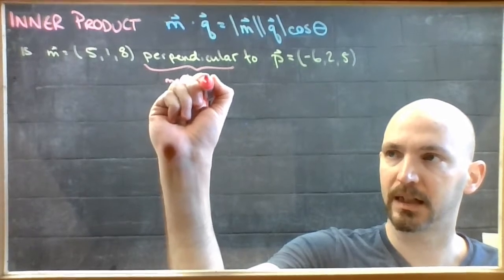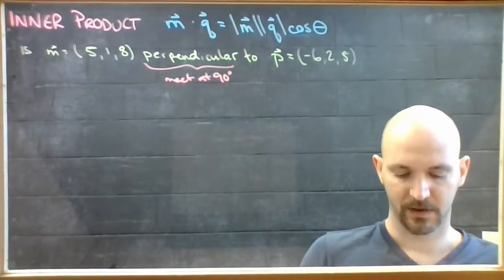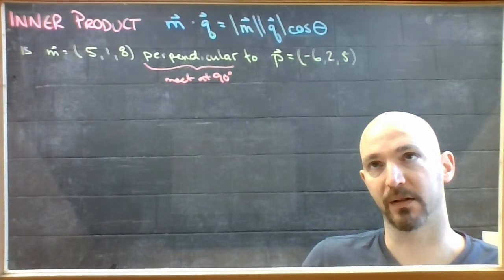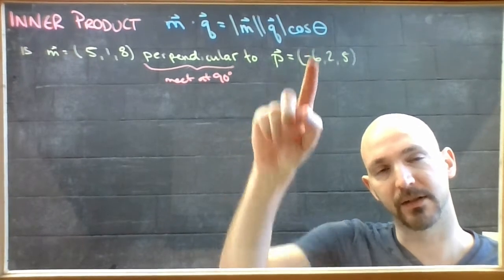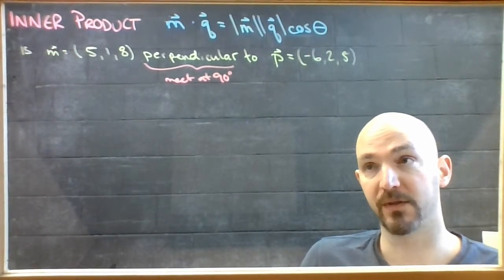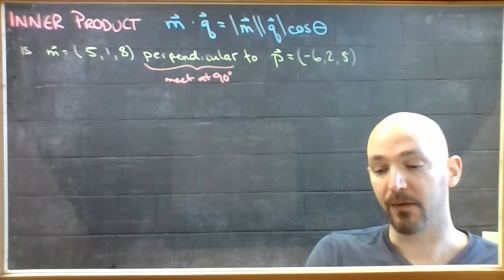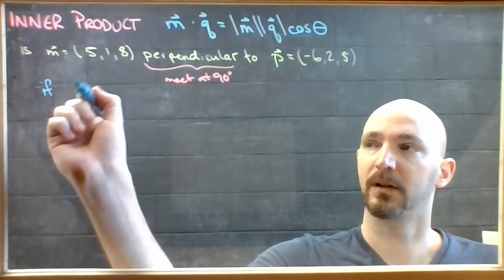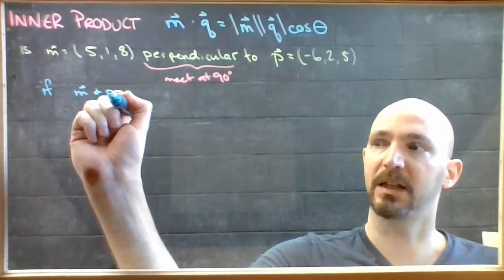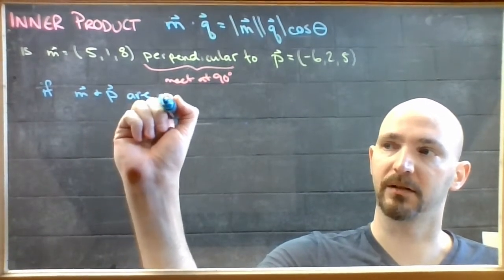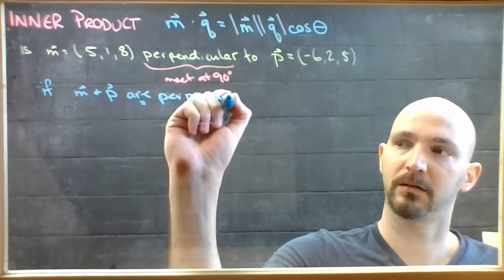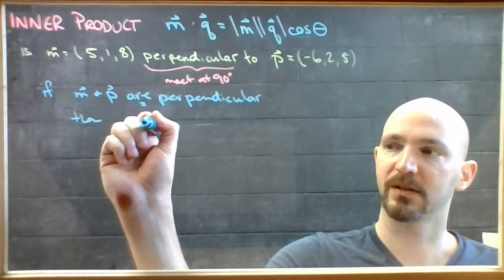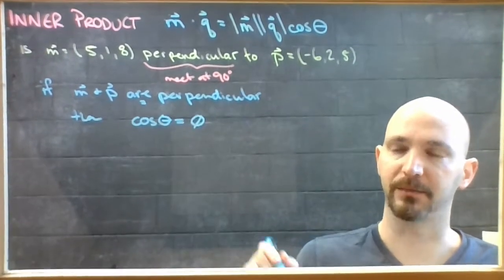Meet at 90 degrees. So this little structure here gives you a handy way of checking if two vectors are perpendicular. Because if you put 90 in there, you try cosine of 90. The cosine of 90 is 0. So let me write that out for you: if M and P are perpendicular, then cos theta would be 0.